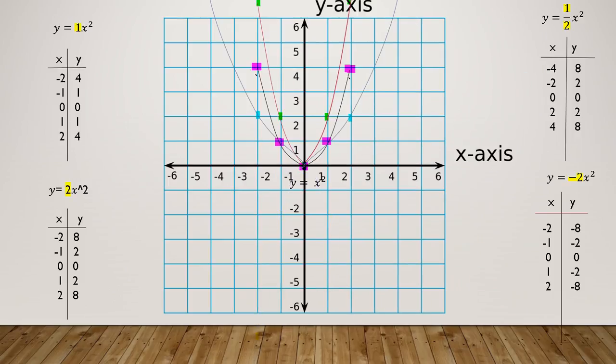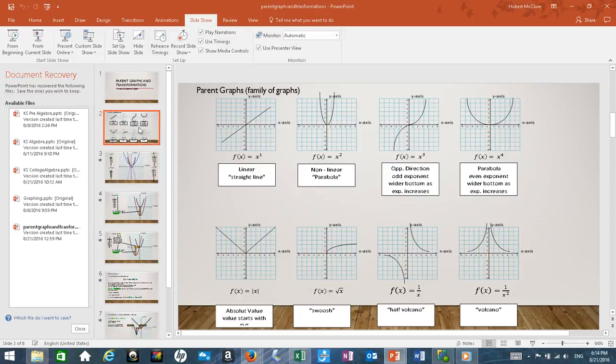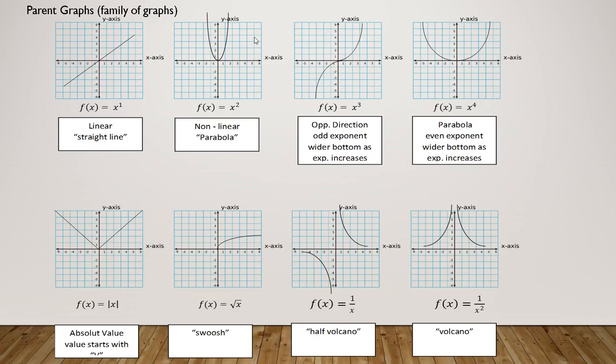Anytime you have an odd power, you're going to have this type of function. And the higher the odd power, the more of a flattening effect you're going to have right in here.